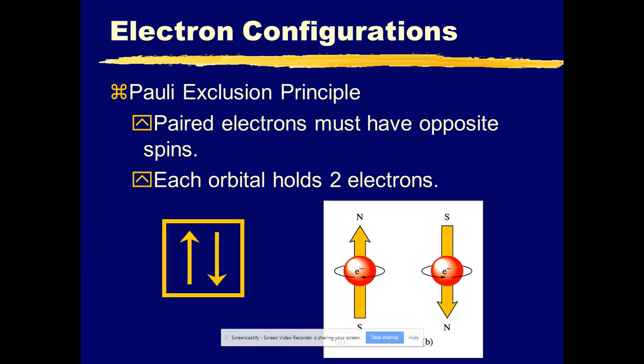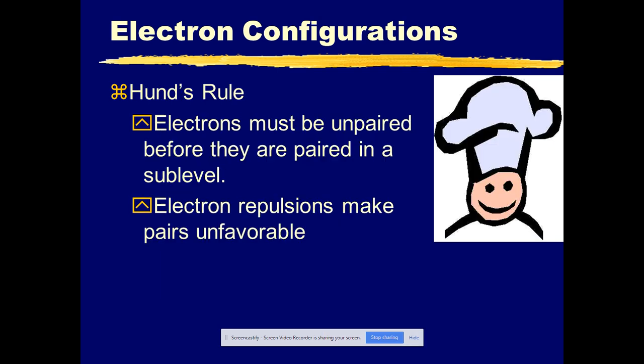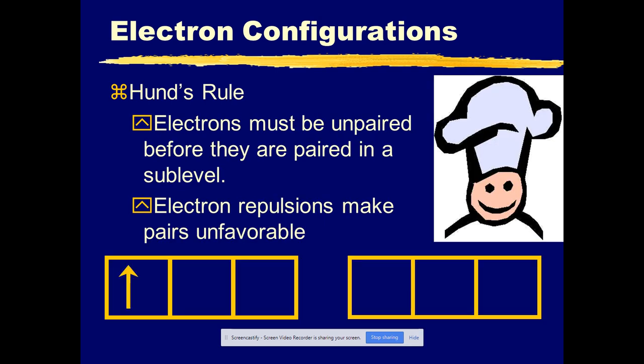The Pauli exclusion principle says that when you put 2 electrons in the same orbital, they must be spinning in opposite directions. And finally, Hund's rule, which says that within a particular sublevel, that is 3 orbitals or more that are all at the same energy, you must first put in the electrons so that you maximize the number of unpaired electrons, and then pair only when absolutely necessary.